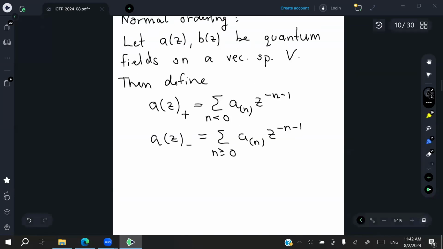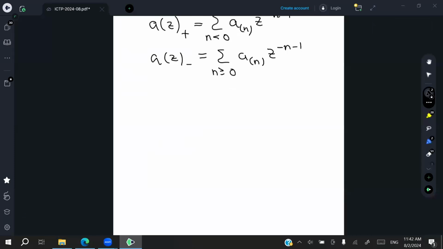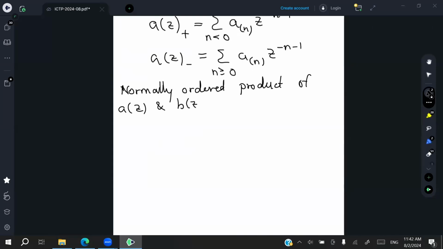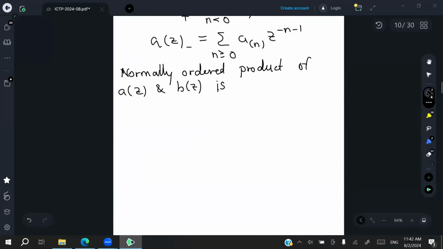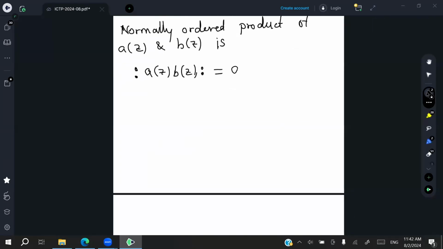And now the normally ordered product of A and B is by definition the following. We write it with these funny dot symbols.